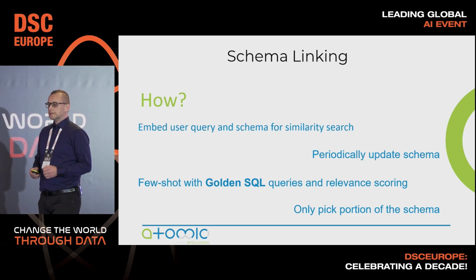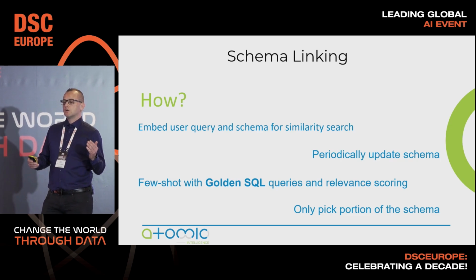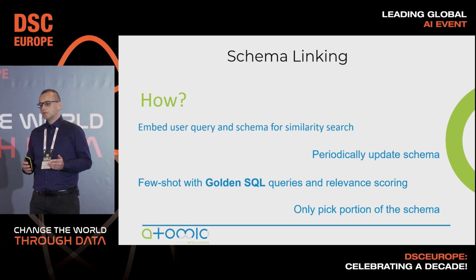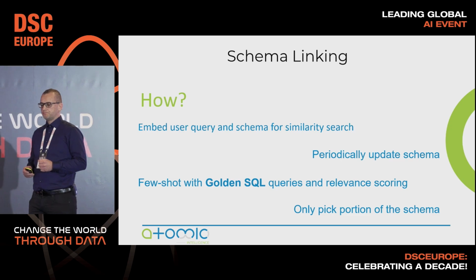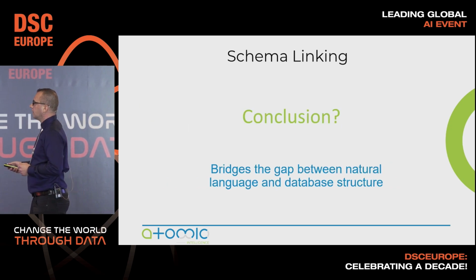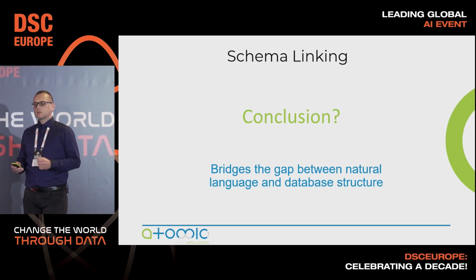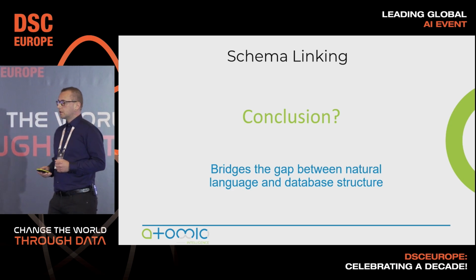But also, when a user asks a question, you can match few-shot examples. Let's say you have 100, but you can extract only the relevant ones which are important for the LLM. And of course, the conclusion is that this really increases the accuracy of generating SQL and bridges the gap between human interaction with the bot.